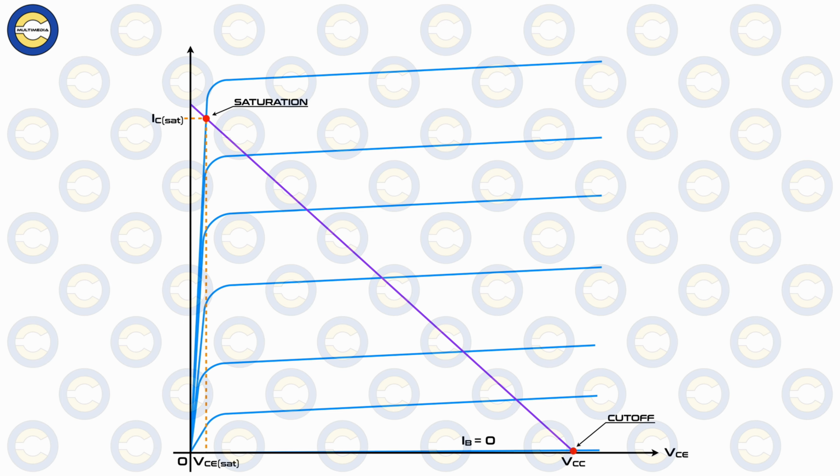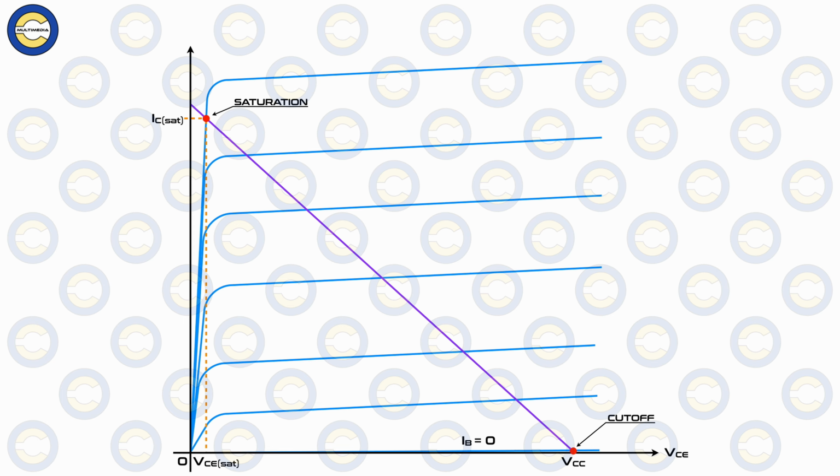Out of this, as you can guess from the name itself, the inverse active is the one which is reverse biased, and this is the one for which we have very rare and uncommon applications. Within the cutoff region, the base current is zero or insufficient, and therefore the transistor behaves like an open switch, which means that no collector current flows.